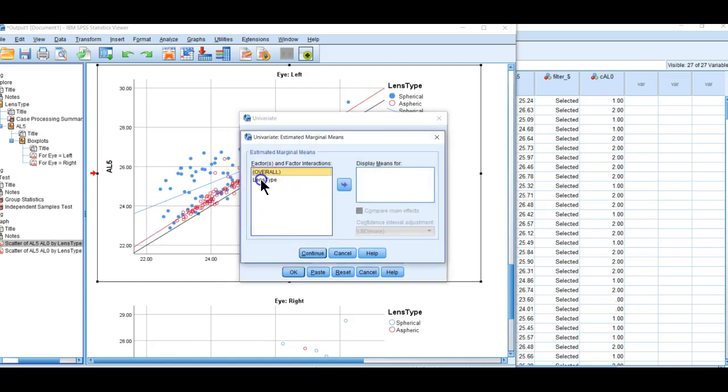And for our means, it only gives us lens type as a choice. The covariate is a continuous variable. You don't take a mean at every baseline point. So we don't get that. We could compare main effects, but there's only 2 groups, so you don't add anything. The F test is the same as the T test.